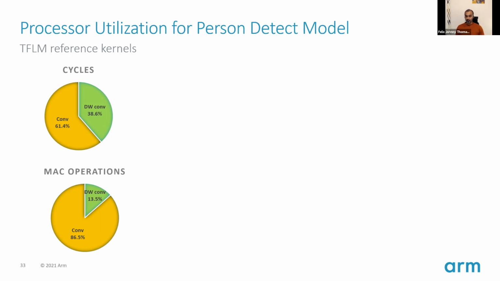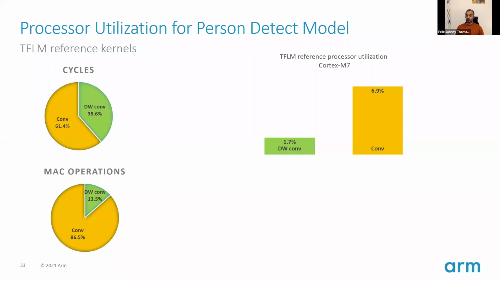You can straight away see that there is something fishy going on for the depthwise convolution, because even though it just accounts for 13% of the MAC operations, it actually consumes almost 40% of the total cycles. And if we plot the processor utilization number, you'll see that it's a very low 1.7% for depthwise convolution and 6.9% for convolution, with the convolution being almost 4 times as fast as the depthwise convolution.